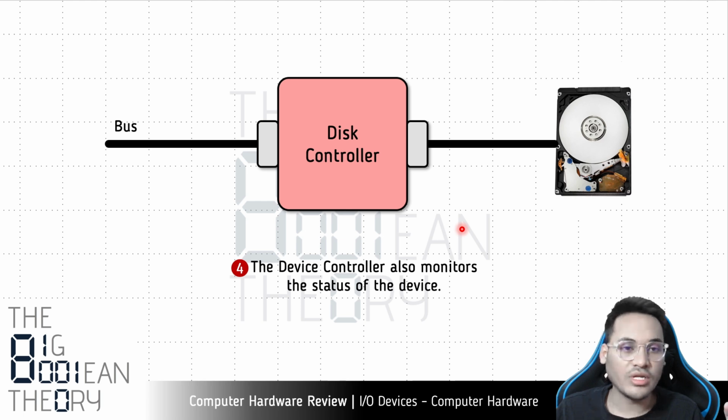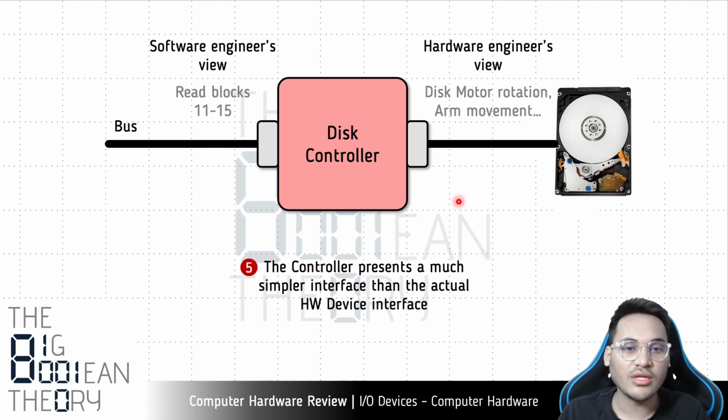So before initiating any new operation, the device controller will first monitor the status. Only when it is idle can it initiate a new operation. Also, when the operation is completed, it could either be successful or it could be an error. That status information also has to be monitored by the device controller so that the operating system can get that info.